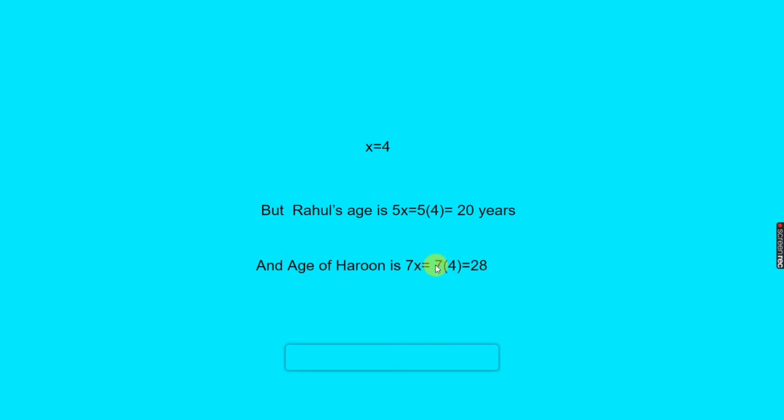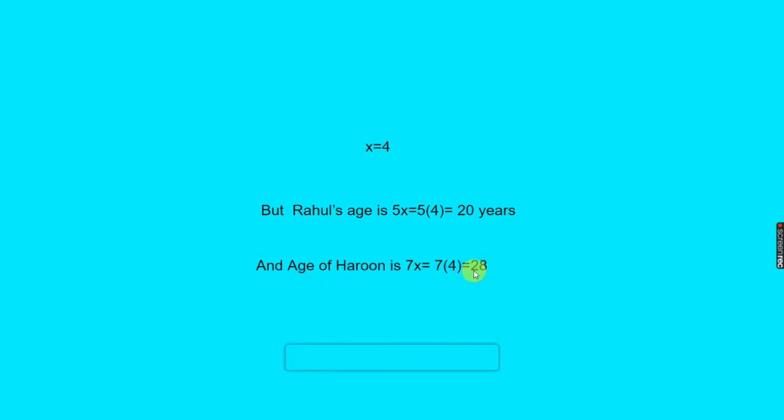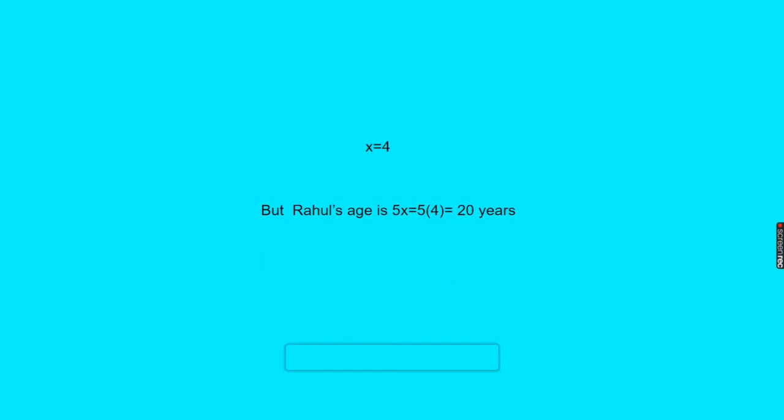So it is equal to 7 multiplied by 4, that is equal to 28 years. So we got the values of both of them, that is Rahul and Harun. It was 20 years and 28 years. This is the required answer.